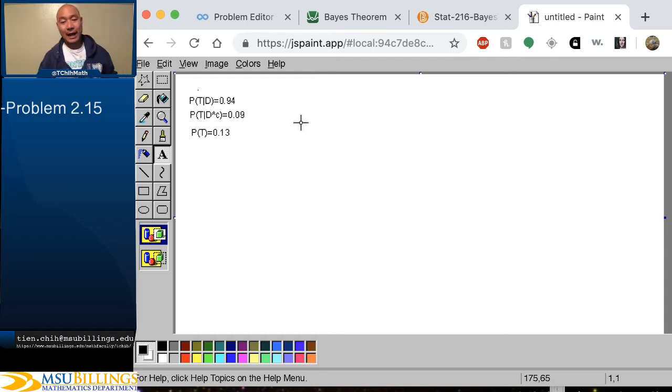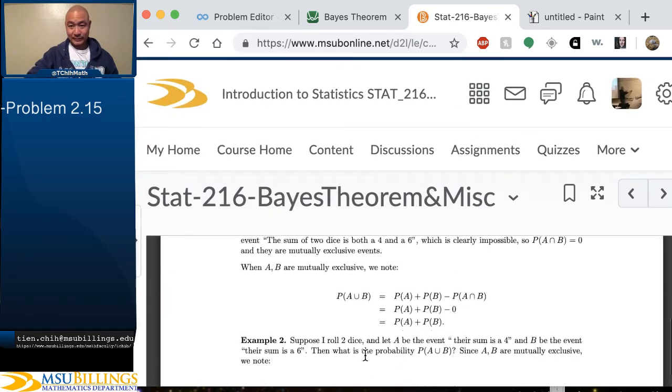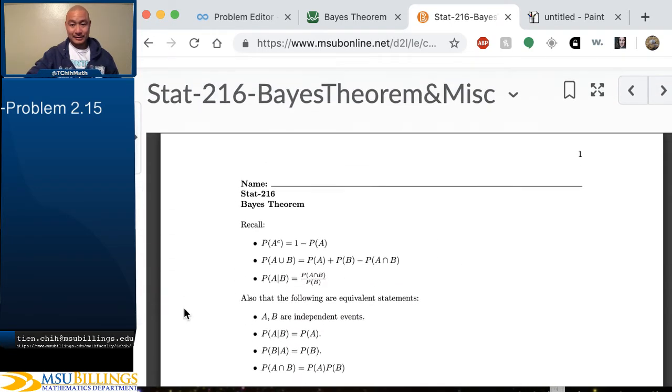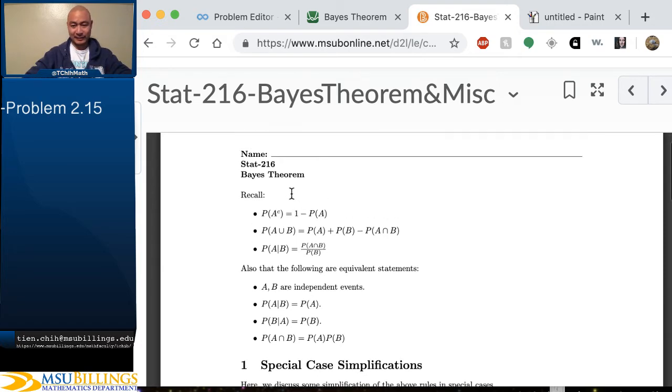And so at this point, we have a number of probability rules under our belt. These are all in the textbook scattered about, but here I've consolidated a bunch of them in this handout. We know the rules for complement events.